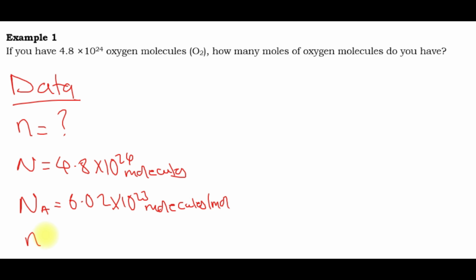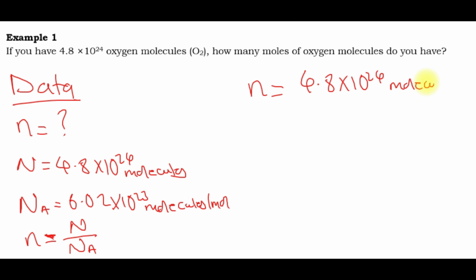Okay, so number of moles is equal to number of particles over the Avogadro's number. So number of moles is equal to 4.8 by 10 to the power 24 molecules divided by 6.02 by 10 to the power 23 molecules per mole.